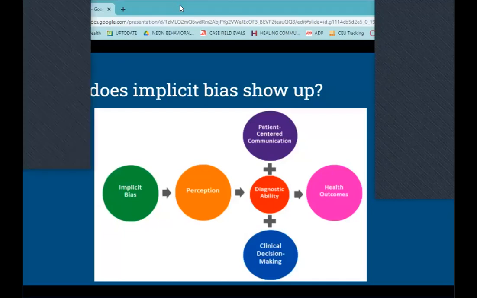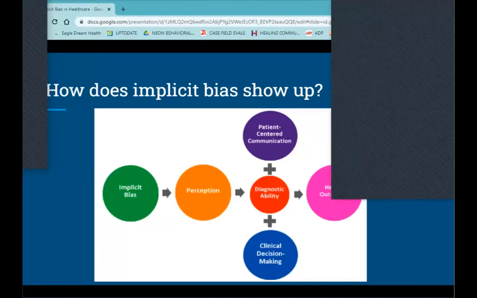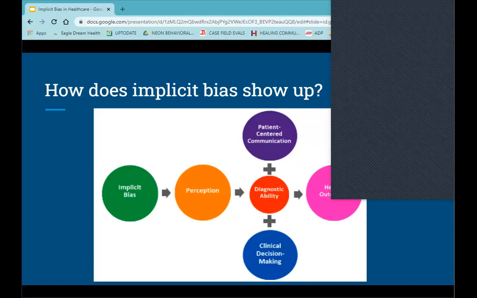So when you prime medical providers with Black faces, so what that means is that you show medical providers a lot of pictures of Black faces, which gets them thinking about Black people and Black skin. And then you ask them questions about a patient and say, what do you think this patient might be diagnosed with? What do you think their problem is?